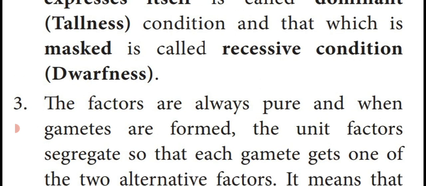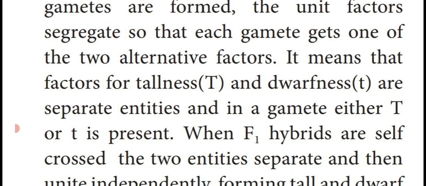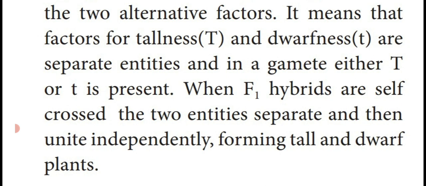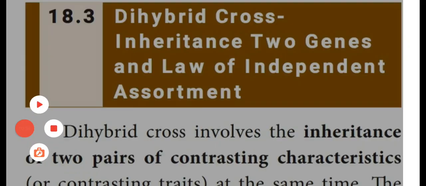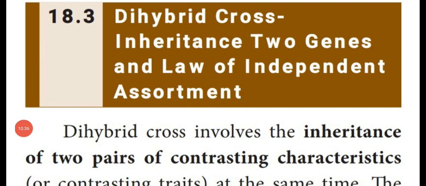So that is the third interpretation of Mendel in the monohybrid cross. So that is said to be the monohybrid cross and the interpretations of Mendel on the monohybrid cross.